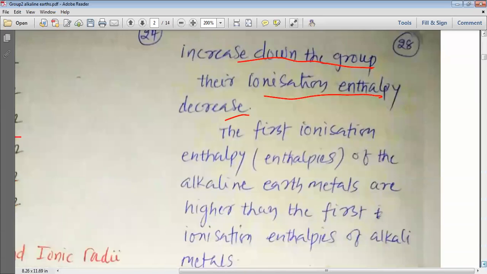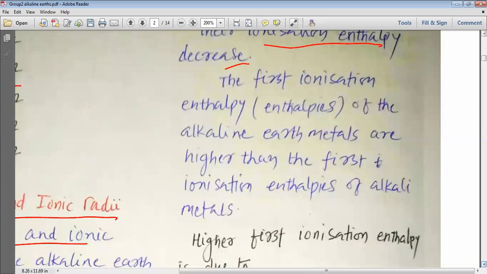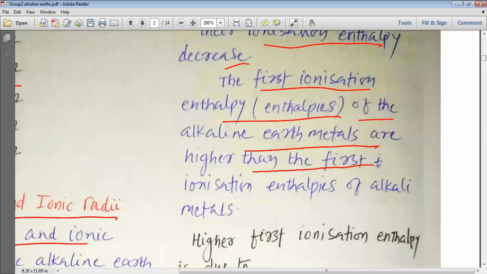So as the size increases, ionization enthalpy decreases because the electron is placed away from the nucleus. The first ionization enthalpy of the alkaline earth metals is higher than that of the alkali metals. So that is what I said, that the removal of the first electron is very easy for alkali metals as compared to the alkaline earth metal.